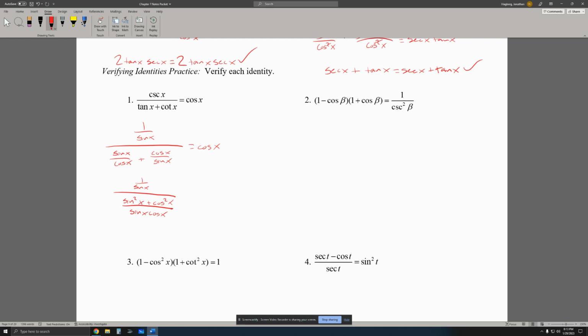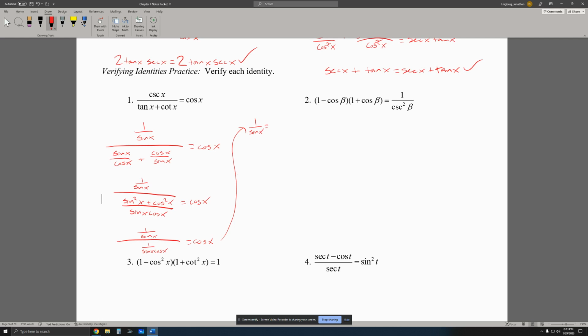Okay. We have this Pythagorean identity. So we have 1 over sine x, and then sine squared plus cosine squared is equal to 1, over sine x cosine x. And this is all equal to cosine x. All right, I'm going to bring it up here. So dividing by a fraction is the same as multiplying by the reciprocal.